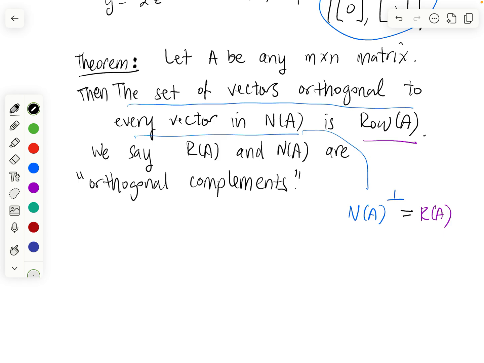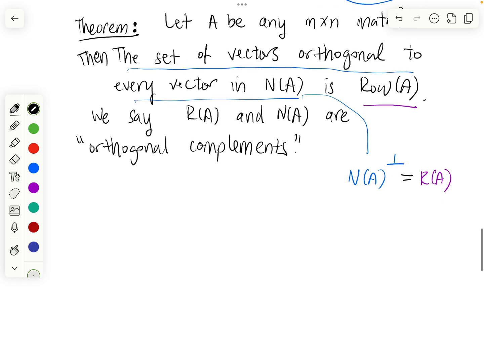We can actually think about why this is true. Let's prove this statement.